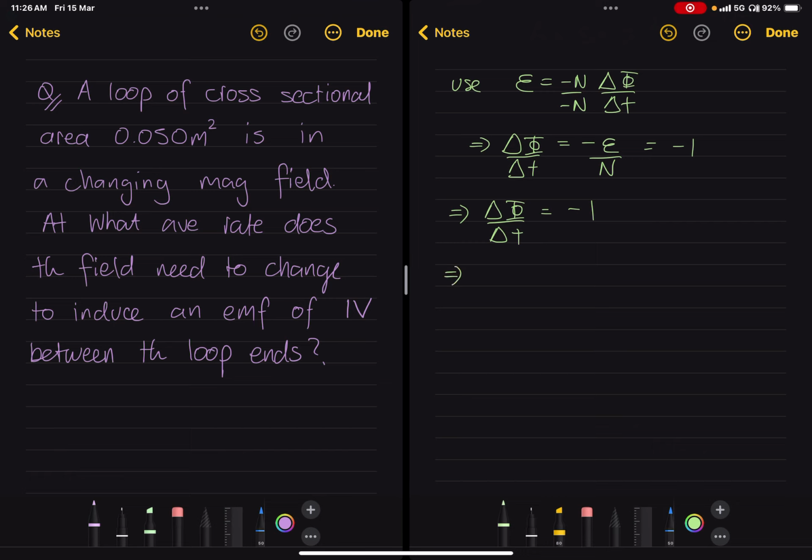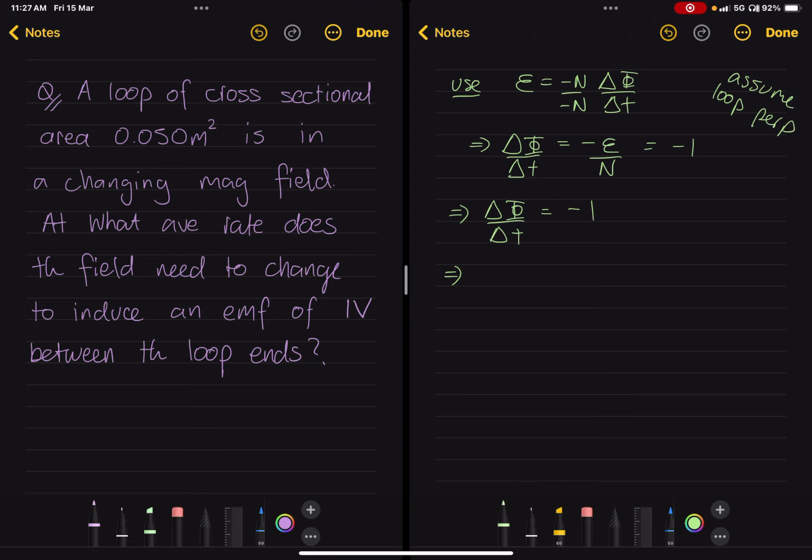Because we know the change in flux is only going to be a consequence of the magnetic field, right? We're making an assumption at this point. We are assuming that the loop stays perpendicular to the field.